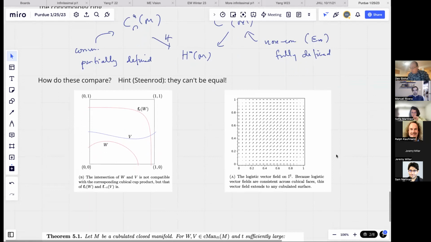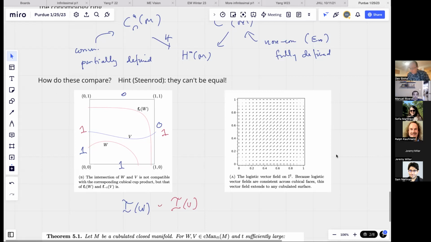So here, I of W is going to be 1 here and 1 here and 0 here and 0 here, whereas I of V is going to be 1 here and 1 here. And then if I do I of W cup I of V, in the cubical setting, it's front face, back face.